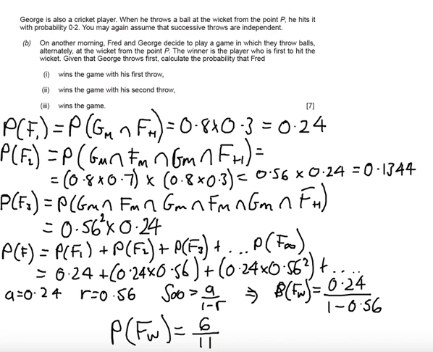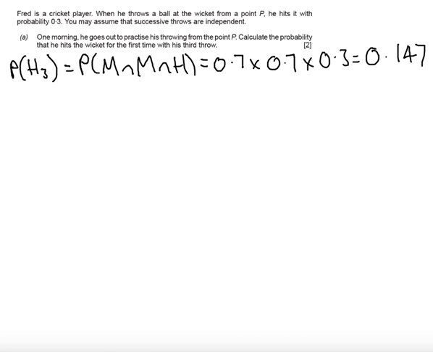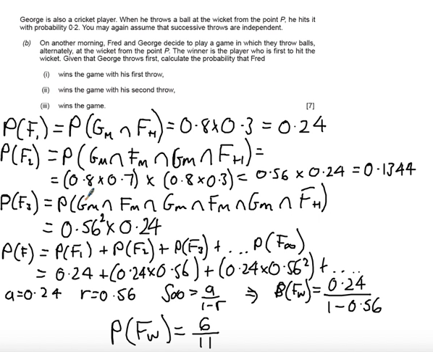Okay then, let's have a look to see how the marks are awarded in this question then. In part A, there's a method mark for the correct calculation or attempt at a calculation, and an answer mark for getting the probability is 0.147. In part B, we have method mark for identifying it's going to be George missing and Fred hitting, and an answer mark for 0.24.